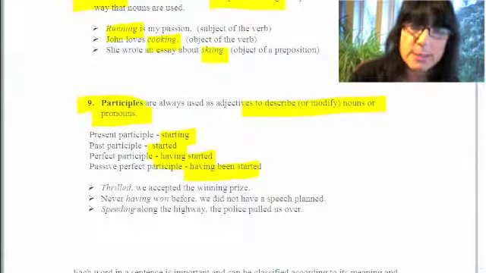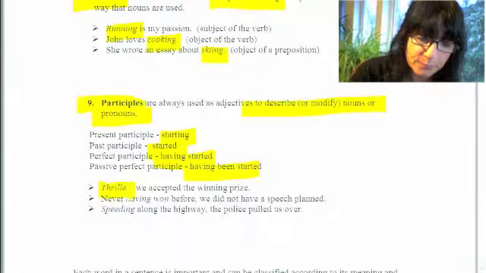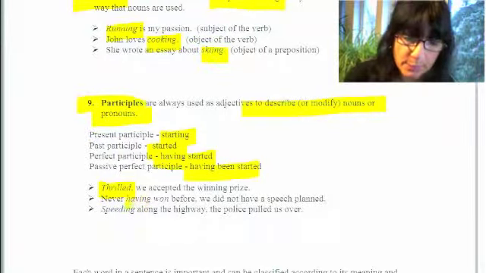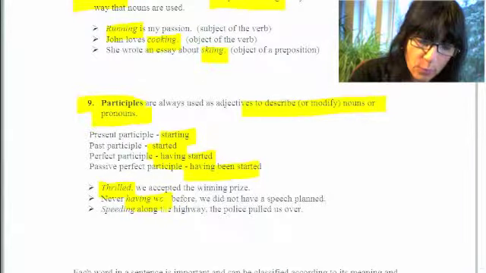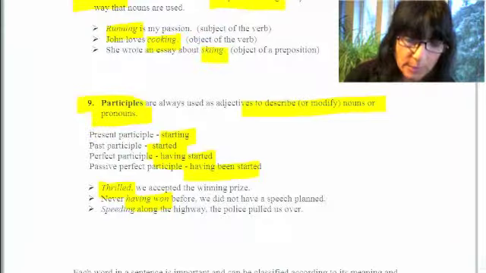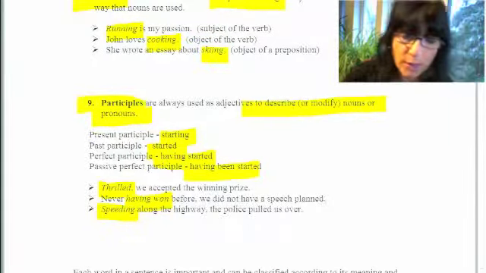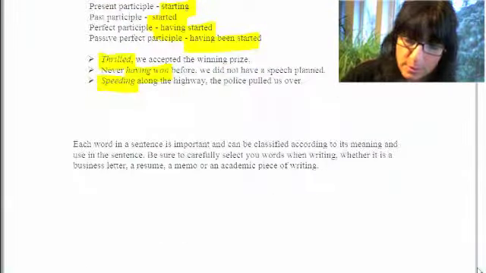So looking at these examples, thrilled, we accepted the winning prize. Thrilled is a participle. Never having won before, we did not have a speech plan. Having won would be the perfect participle, and speeding along the highway, the police pulled us over.